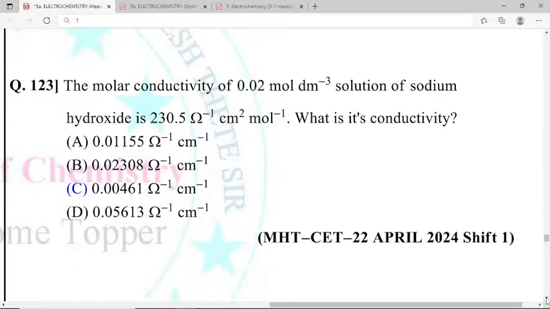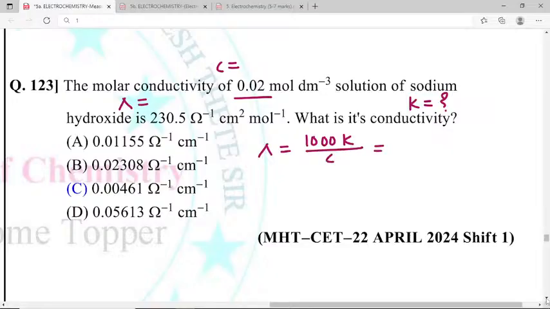The molar conductivity and concentration of sodium hydroxide are given. So molar conductivity lambda is given. What is the conductivity? Conductivity K we have to calculate. So molar conductivity is equal to 1000 K by C. Substitute the value, we will get the answer.